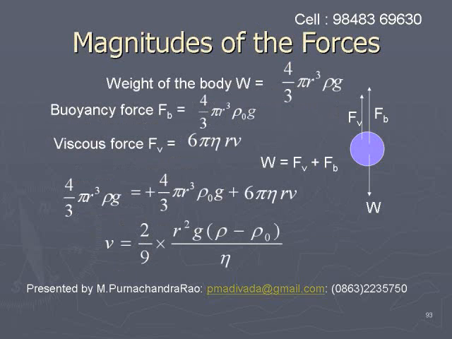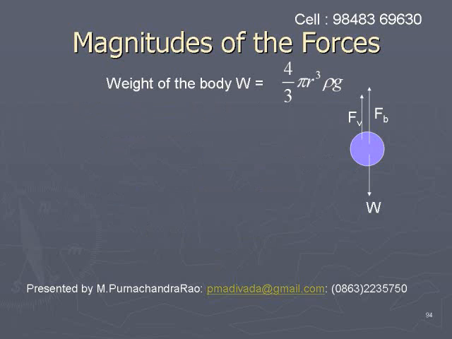If the density of the material of the spherical body is rho, and the density of the fluid in which it is traveling is rho 0, then the weight of the spherical body is given by 4 by 3 pi r cube rho g, where r is the radius of the spherical body.